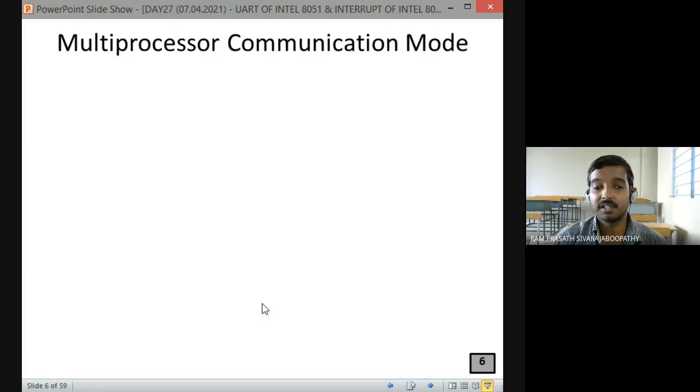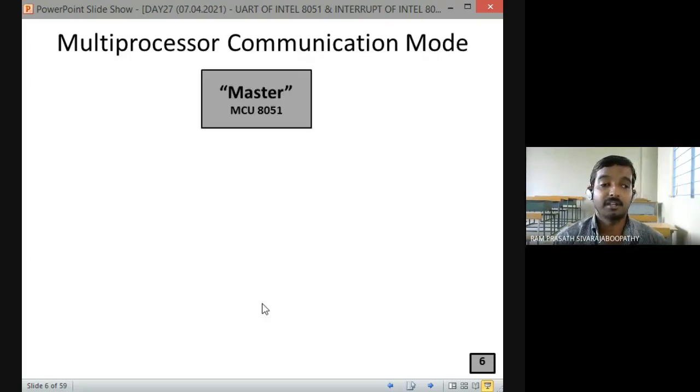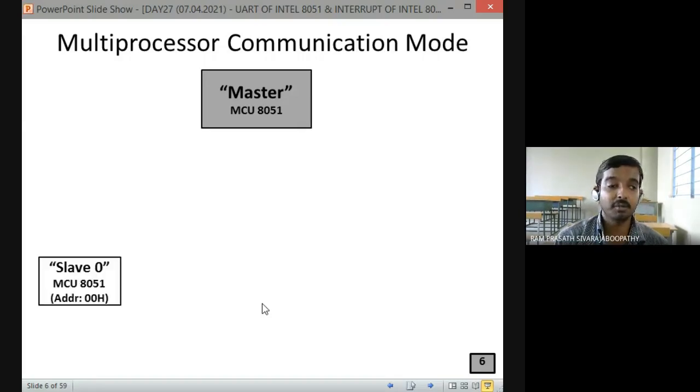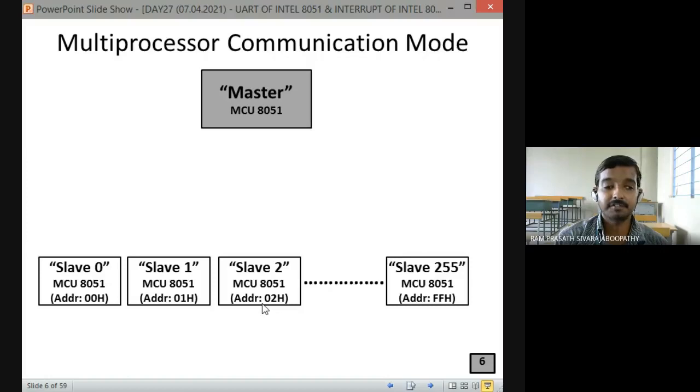I have told you the name repeatedly. When I say multiprocessor communication mode here in 8051 UART, there should be only one master. You can have multiple slaves, correct? Okay, so I am going to consider this is my master microcontroller. So in the particular microcontroller, master assume பண்ணிக்கிறேன். Then I will be going to have many number of slaves.